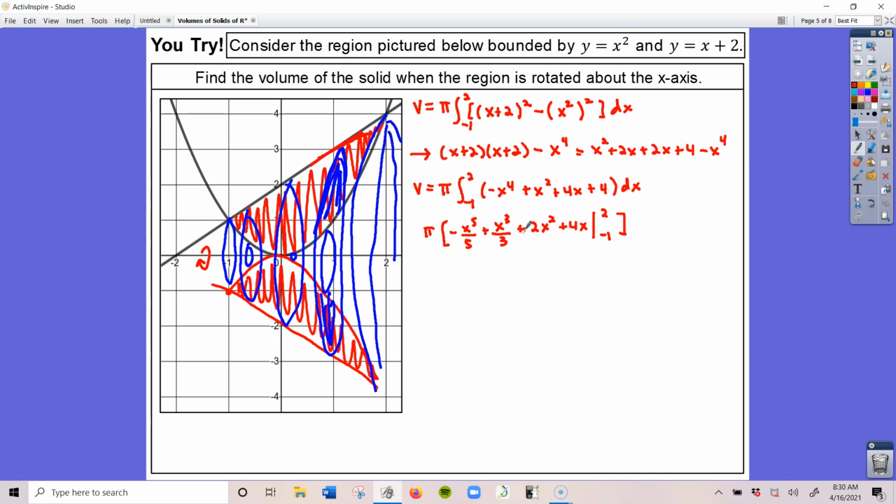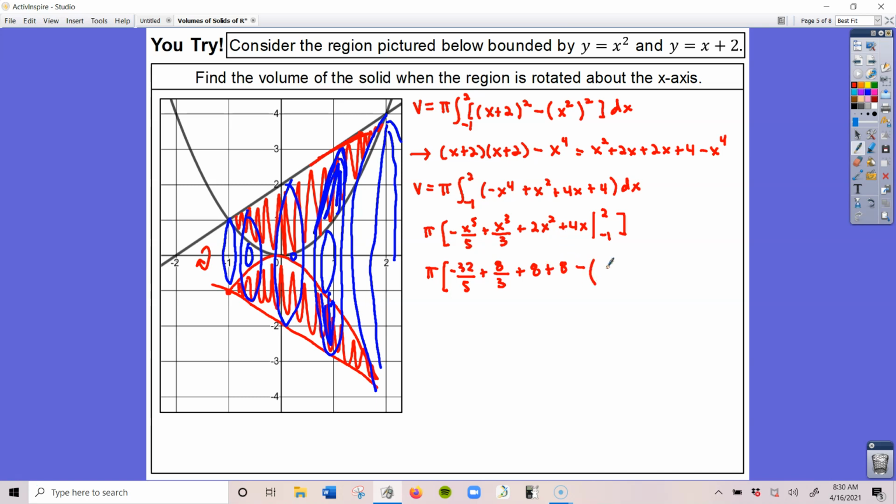So 2 to the 5th is 32, so negative 32 over 5, plus 2 to the 3rd is 8 over 3, plus 2 squared is 4 times 2 is 8, plus 4 times 2, which is 8.